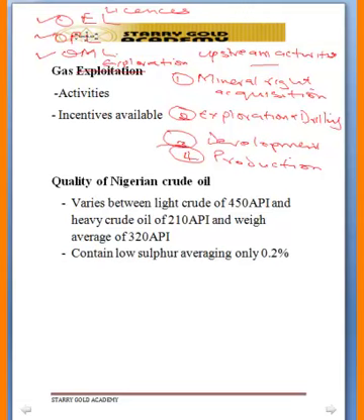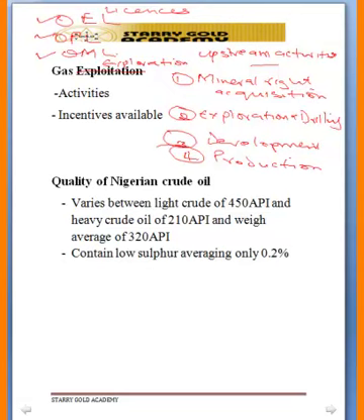For gas exploration, we are looking at separating the gas from the reservoir into usable form for utilization through pipeline or tanker. We all know what gas is. The gas we use, the domestic gas, is a byproduct of petroleum crude oil.